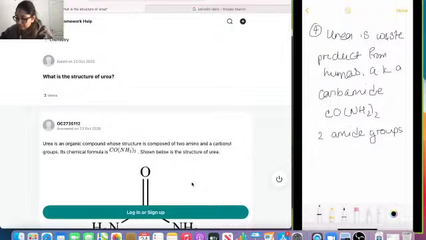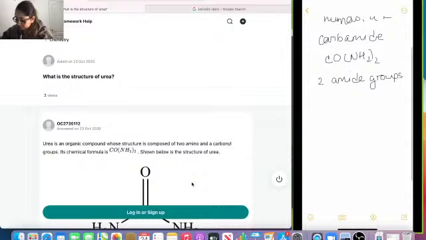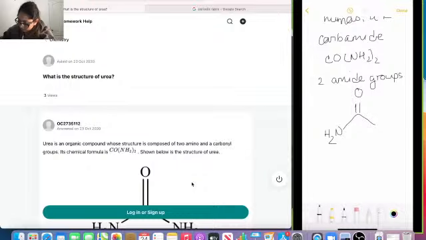So this serves an important role in metabolism of nitrogen-containing compounds by animals. The chemical structure for this is basically a double bonded O, with NH2 and NH2, so we have our 2 amide groups.